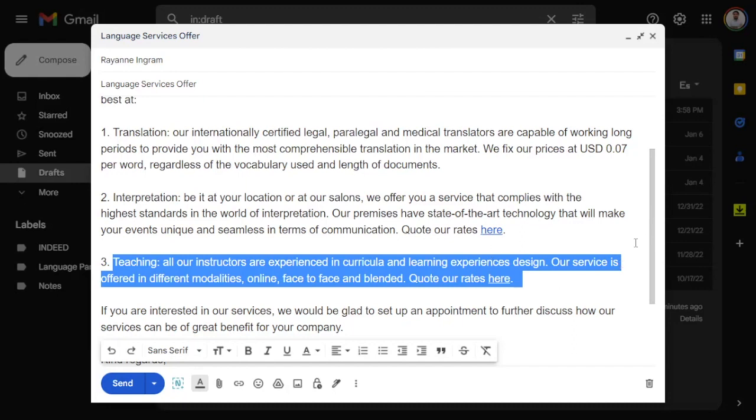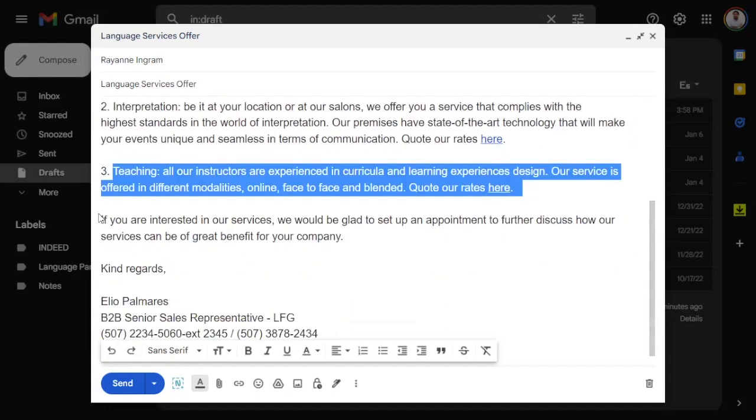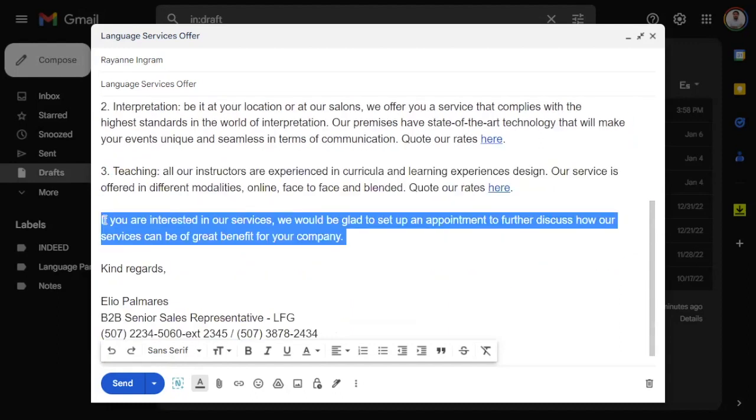Now, once this person has presented the services, they invite the reader to take an action. In this case, this person offers them the possibility of setting up an appointment to discuss how these services might be useful for this company.